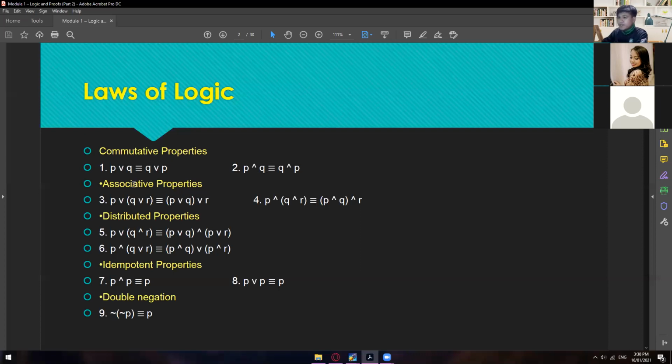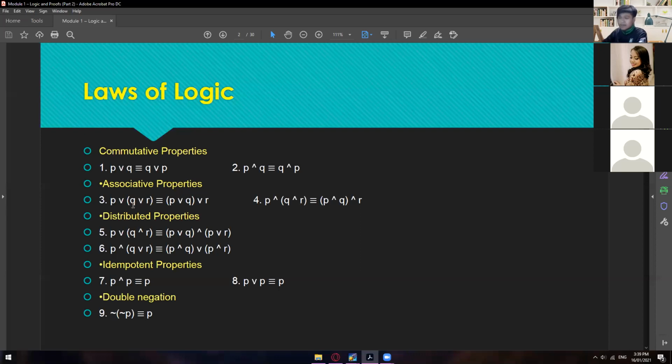The next one is associative properties, wherein we have the same connective throughout, as you can see right here, or and then and. Meaning you can change the arrangement of the brackets. So it could be (P or Q) or R, or P or (Q or R). The same with and: (P and Q) and R, or P and (Q and R).